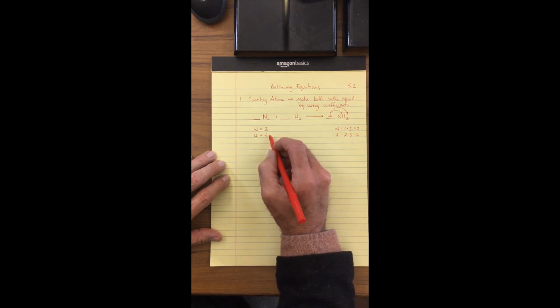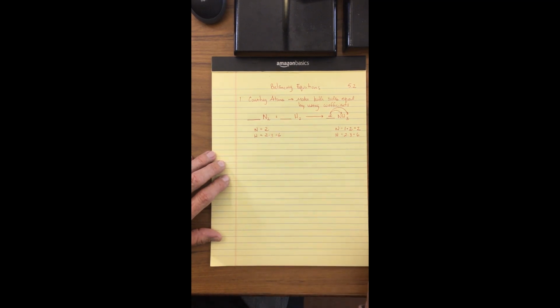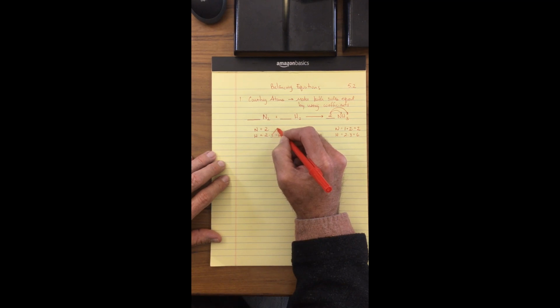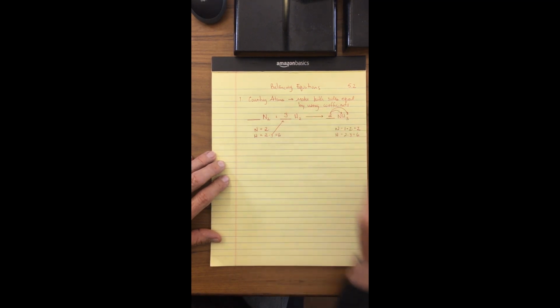I have to multiply the hydrogens by 3. And 2 times 3 equals 6. So what do I have to do? I have to put a coefficient in here, and the coefficient is going to be the 3. So that's how to balance this mathematically by counting the atoms.